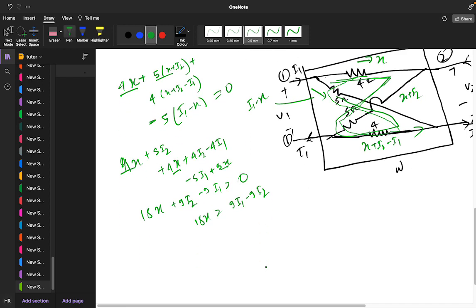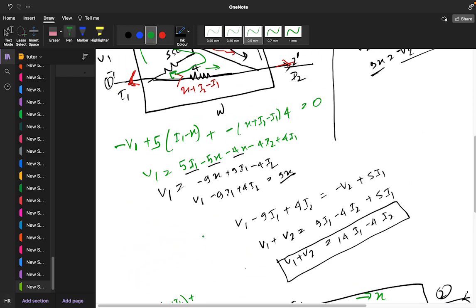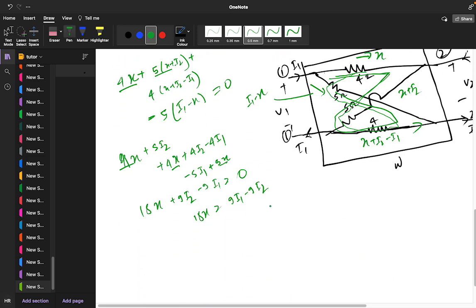You are getting another value, and if you take 2 common, what was the previous value we got? I am just taking 2 common, so 9x will be 9 by 2 I1 minus 9 by 2 I2.